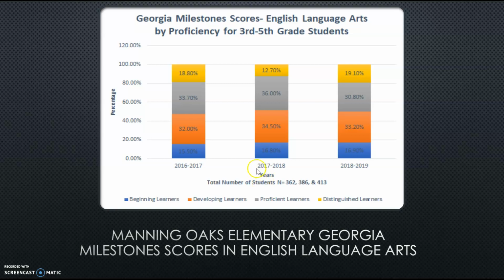As you can see, 2017 to 2018 boasts the largest percentage of students in the Proficient Learners category at 36%, but the smallest percentage of students in the Distinguished Learners category at 12.7%. This could be due to the change in administration that occurred in the winter of 2017. In 2018-2019, the school had the majority of the students in the Developing and the Proficient Learners categories. This is where we would expect most of our students to land.